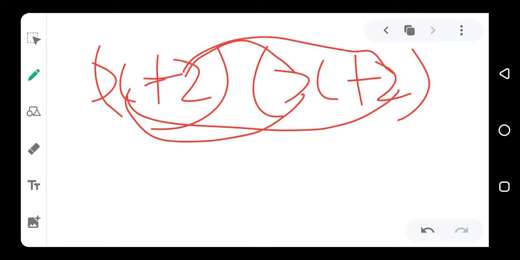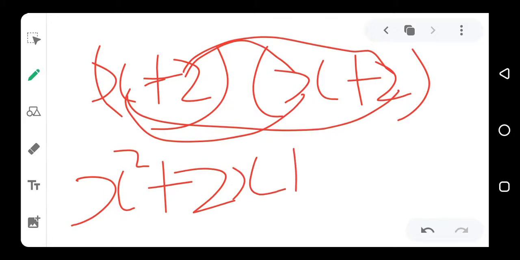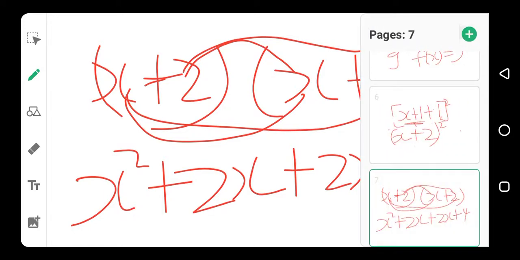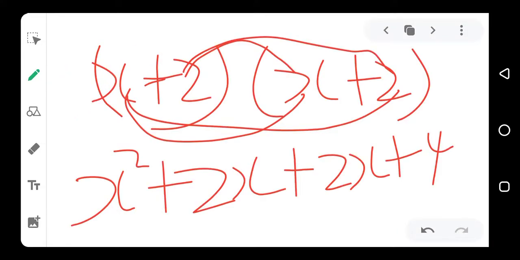So we have x raised to power 2 plus 2x plus 2x plus 4, and that now gives us x raised to the power 2 plus 2x plus 2x is equal to 4x plus 4.